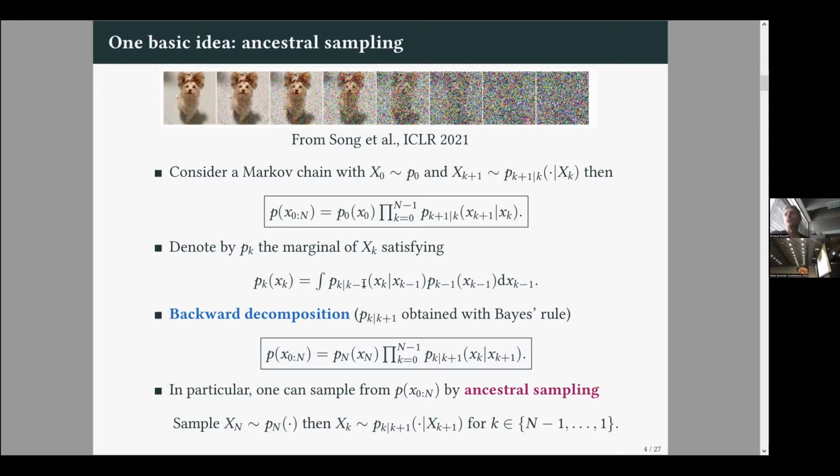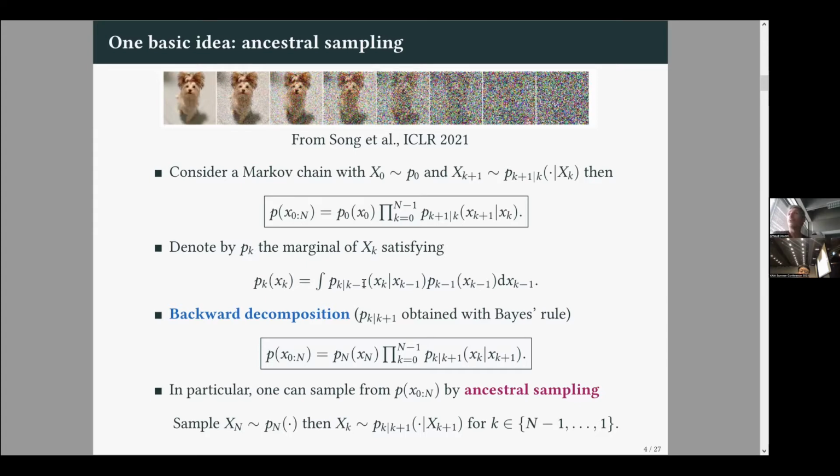Okay, so everything is just elementary mathematics. Now, what's going to be really important in the rest of the talk is this: if you want to simulate paths of the Markov chain from time 0 to time n, you can do a forward simulation, as I previously described. That is, you sample x0 from p0, and then you use the transition density of your Markov chain.